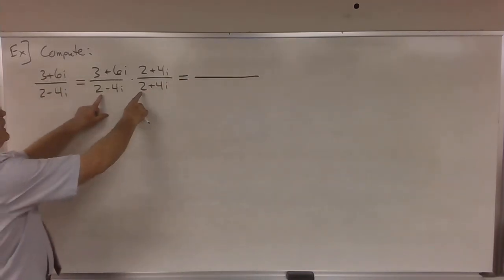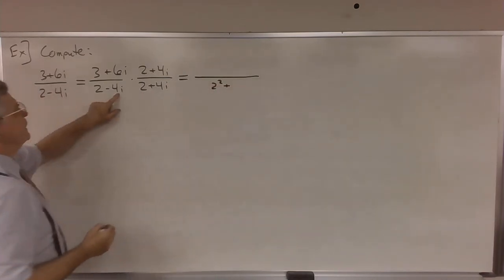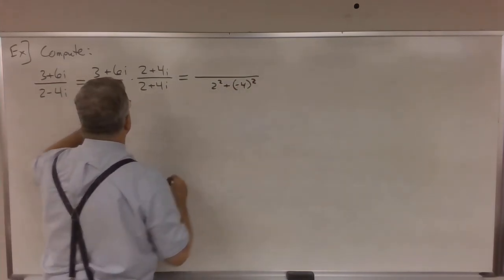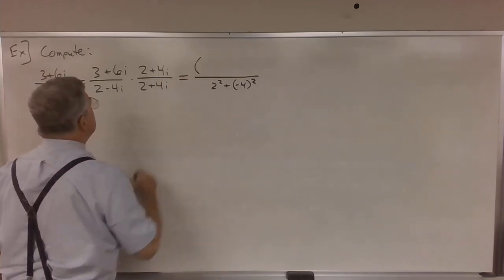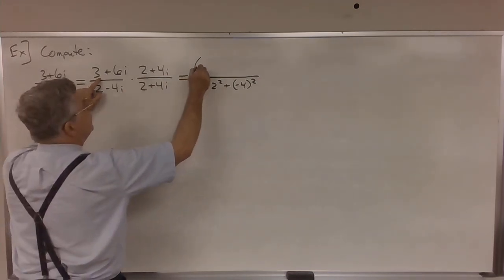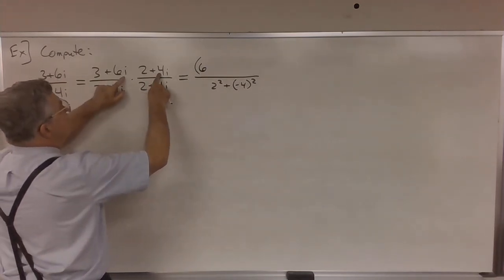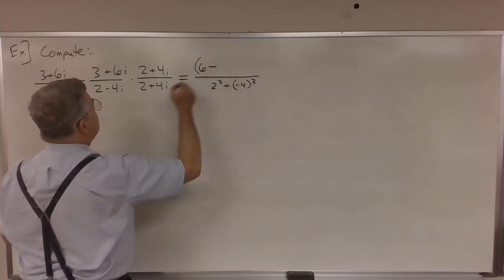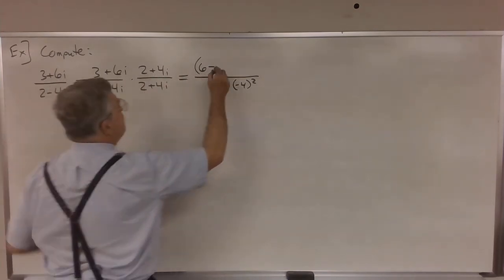The bottom, we're going to get the real part squared, and we're going to get the imaginary part squared. And on top, what do we get for the real part? We get the product of the real parts, which is 6. We get the product of the imaginary parts, which is 24, but we subtract that, don't we? We have the product of the reals minus the product of the imaginary, so that's minus 24.